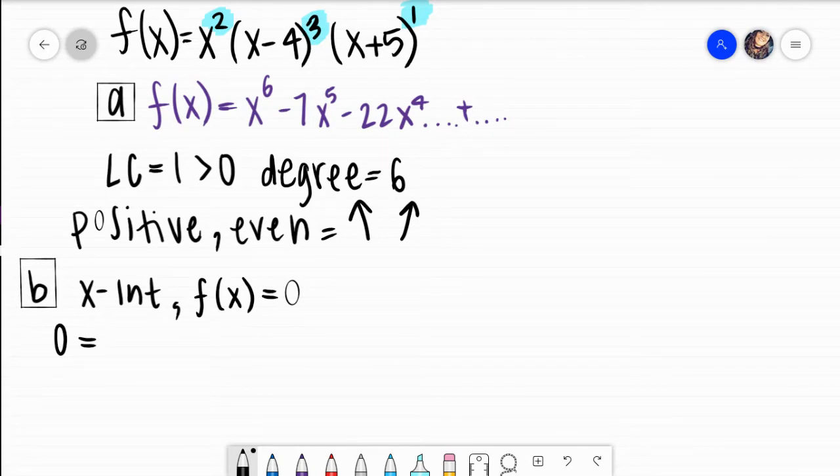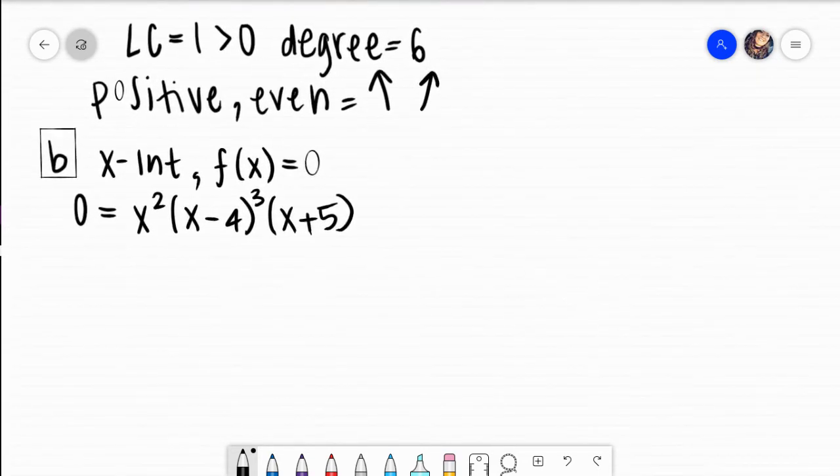And then you write your x squared, open, x minus 4, close, cubed, open, x plus 5, close. So I need to know what makes this function 0. So here what I need to do is actually solve. Because we have factors set equal to 0, what you can do is set each thing equal to 0. So we have this set equal to 0, this set equal to 0, and that set equal to 0.